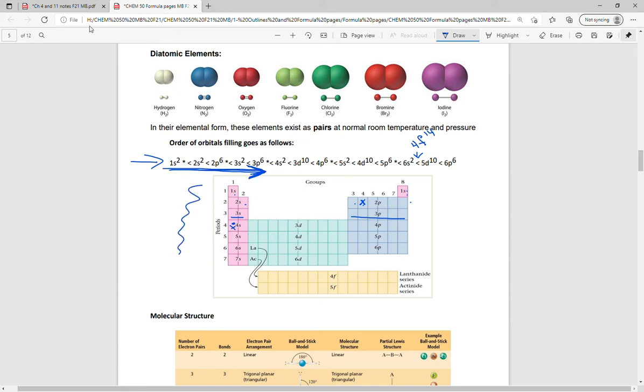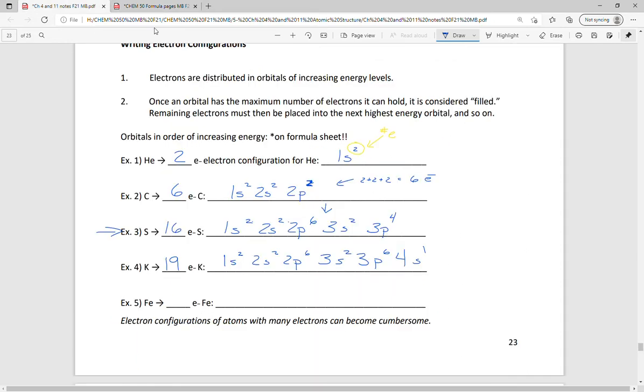And these are in your resources. There's no need to memorize them. Iron has a whopping 26, which you're going to see the futility of this. So 1s2, 2s2, 2p6, there's 10, 3s2, 3p6, 4s2, and then at that point I just have 3d6 left to go.